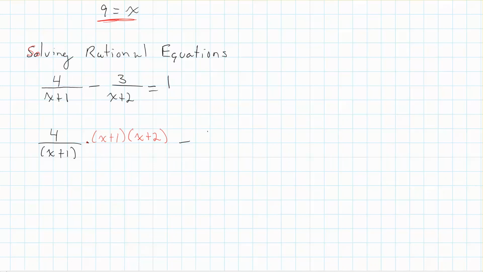So I'd have minus 3 over x plus 1 times x plus 1 times x plus 2, and then this is equal to 1 times x plus 1 times x plus 2.